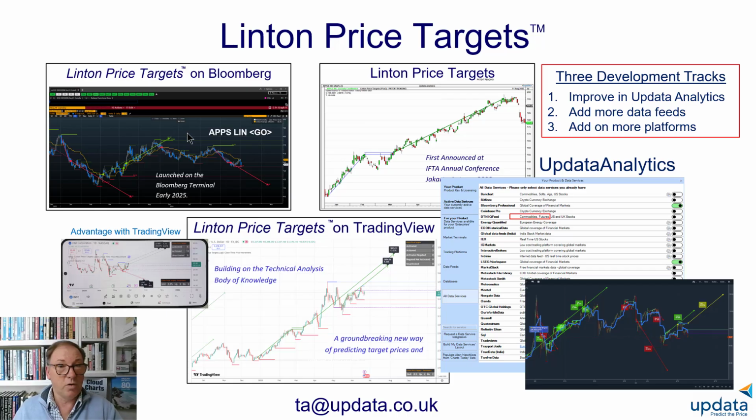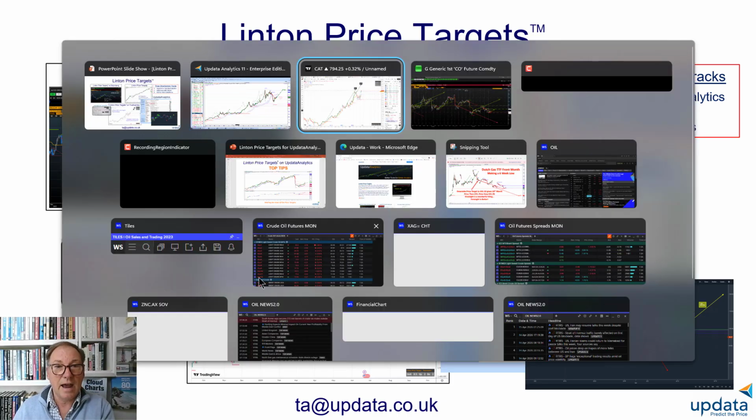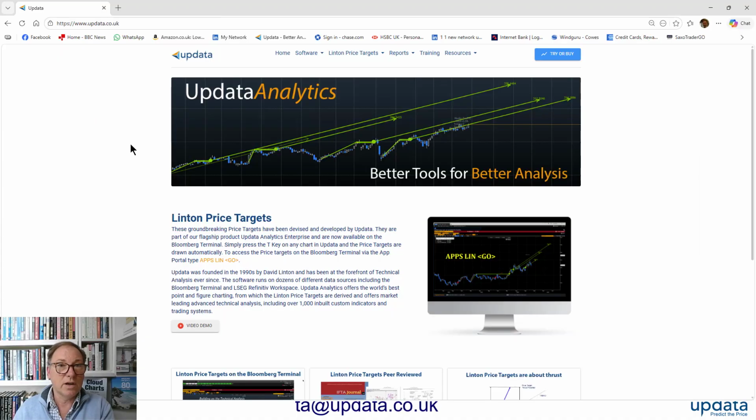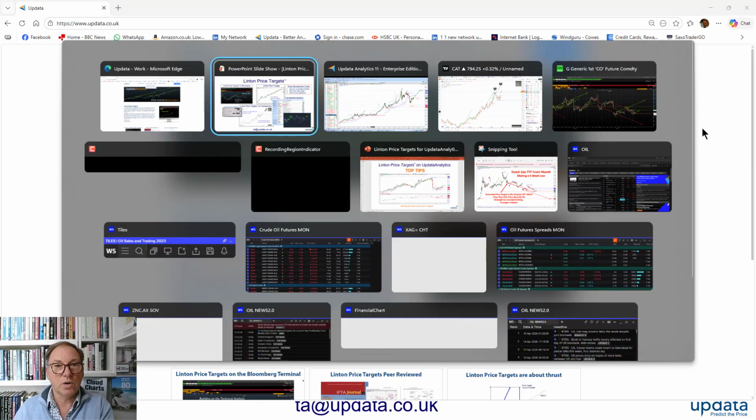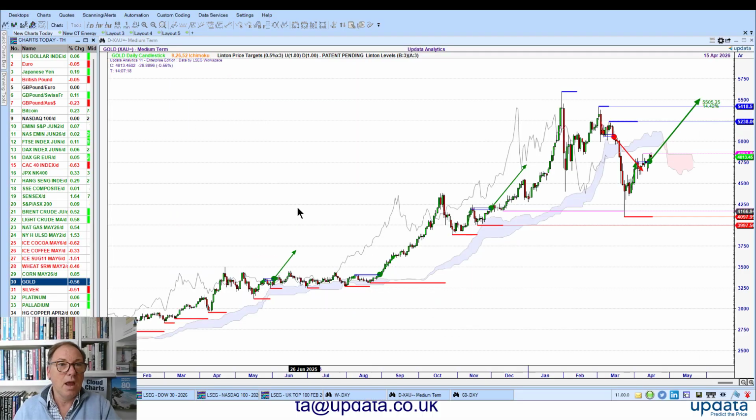If that's the platform you've already got, that means you can just click a switch and you've got the targets. On TradingView, you literally can go to the Updata website, and on the Updata website, you can actually just get them for TradingView. So you can effectively download them there and use them in your TradingView system.